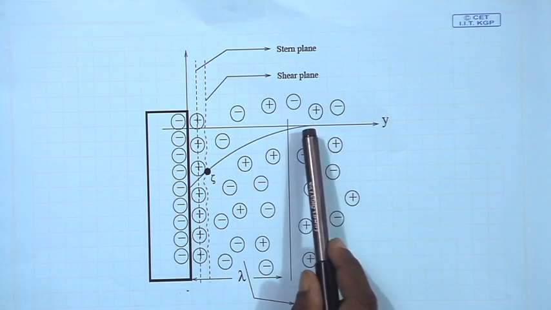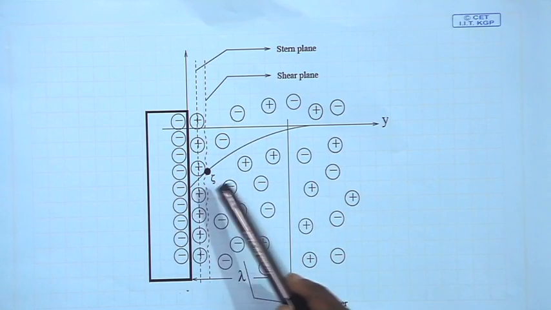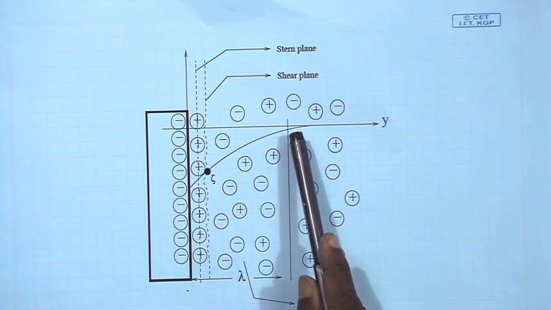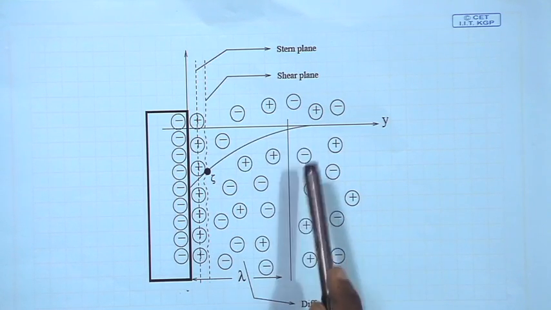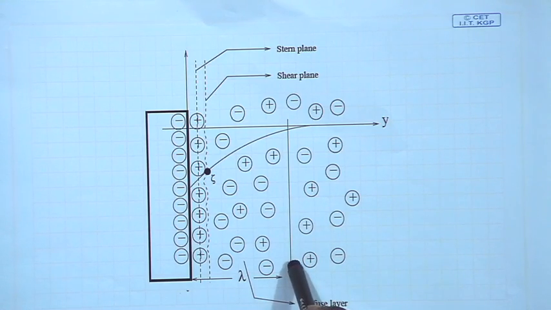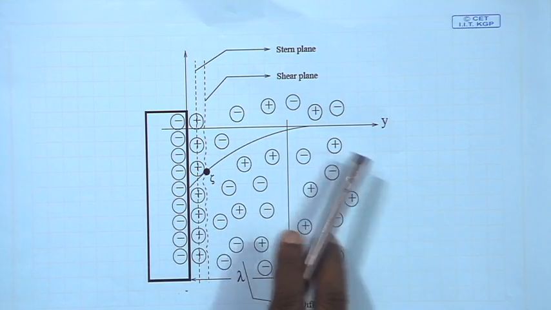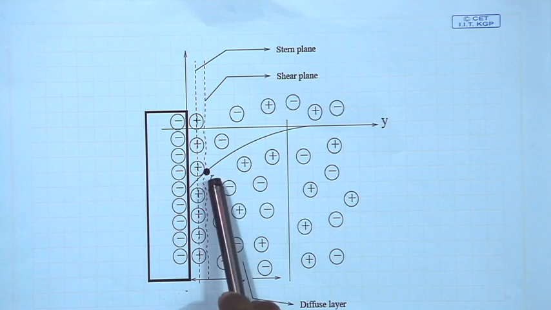Another important thing is that the potential drop from the surface to the edge of this Debye layer, also called the slip plane, is referred to as the zeta potential, as it is drawn over here.